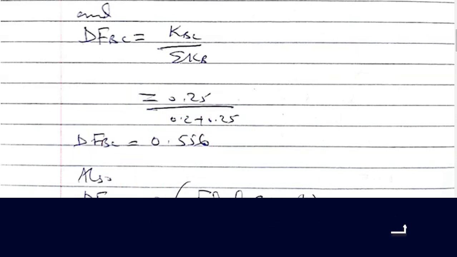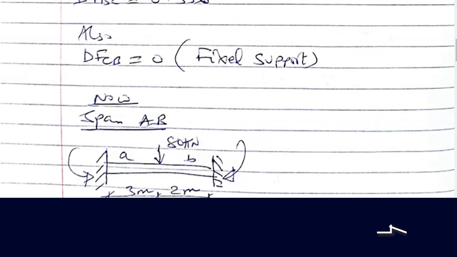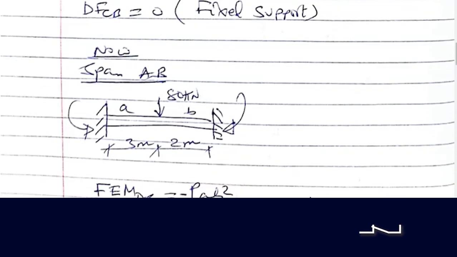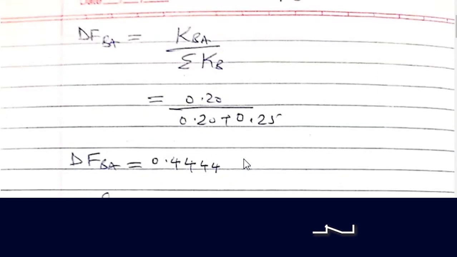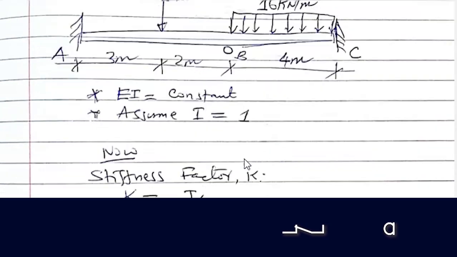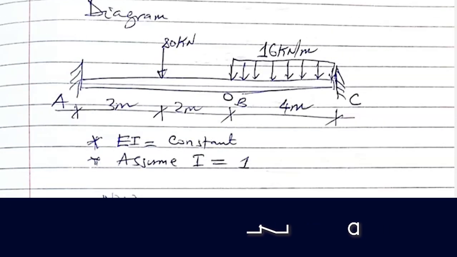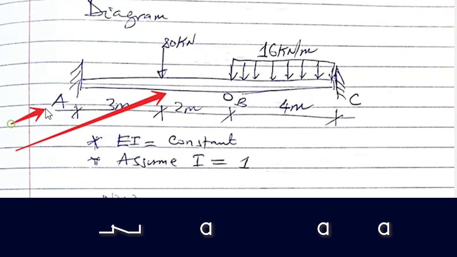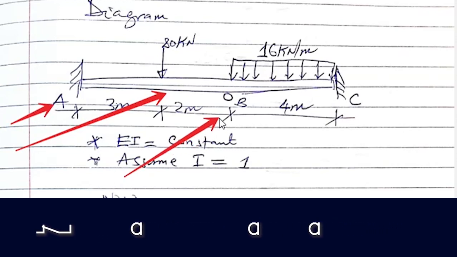Now, as we proceed, you can start with the member AB. The member AB is the left one, which is this one. We consider this support from A to B. We fix this point, as you see.